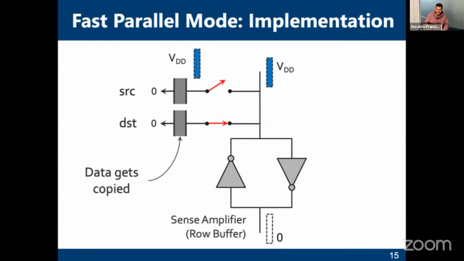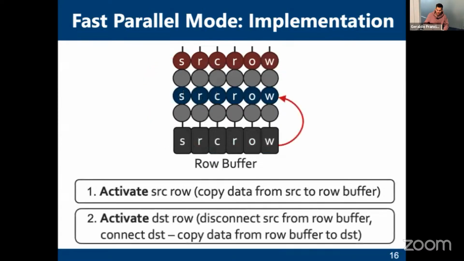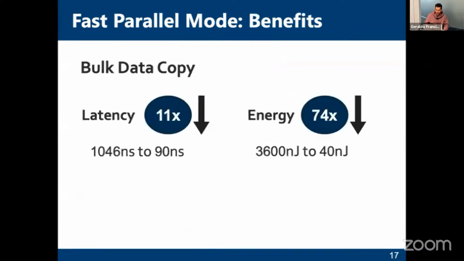Then by activating the second row, we connect this second row to the local bit line and the amplifier, which allows us to copy the data that was previously latched into the destination row. So this operation allows us to copy one source row to a destination row within the same DRAM subarray.